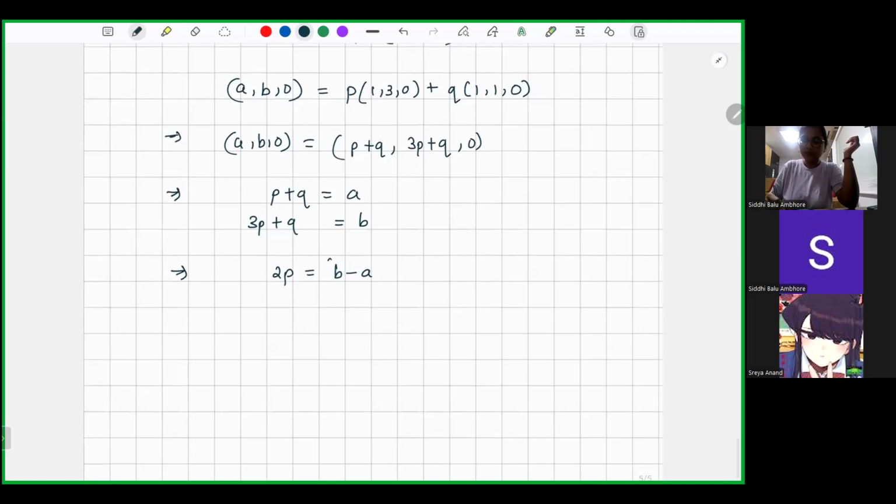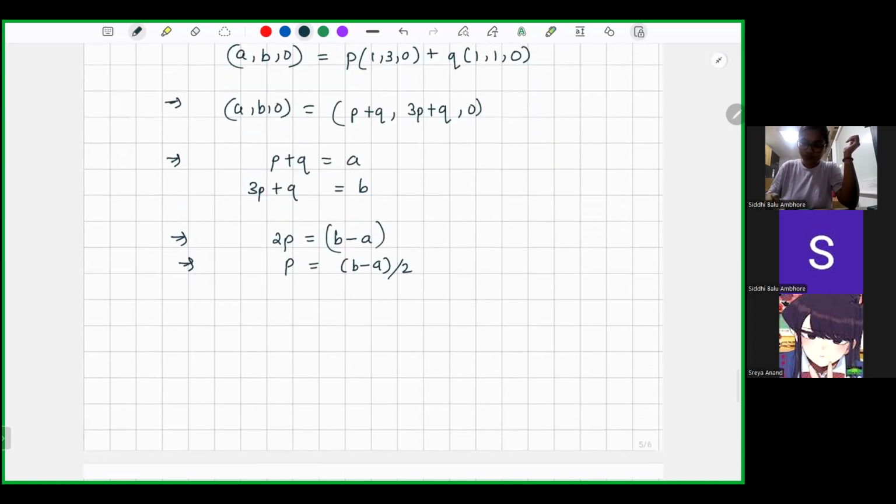And the moment I have 2p equal to b minus a, this implies p is equal to (b minus a) by 2. And once I have this, p plus q is equal to a will give me (b minus a) by 2 plus q is equal to a.